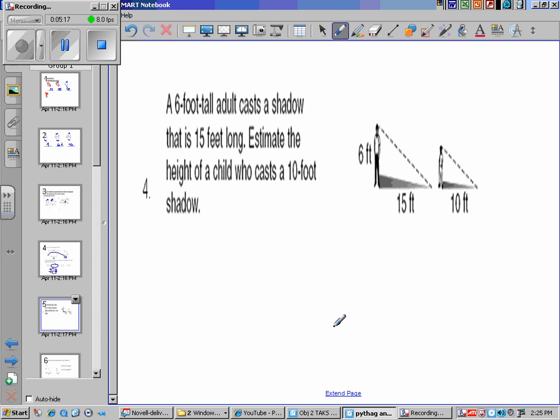The next one, they want you to find this missing side right here. You can go in and set it up as a ratio proportion, or you can do cross multiplying. But I've got 6 over 15, and the matching side is that x, I don't know what it is, over 10.